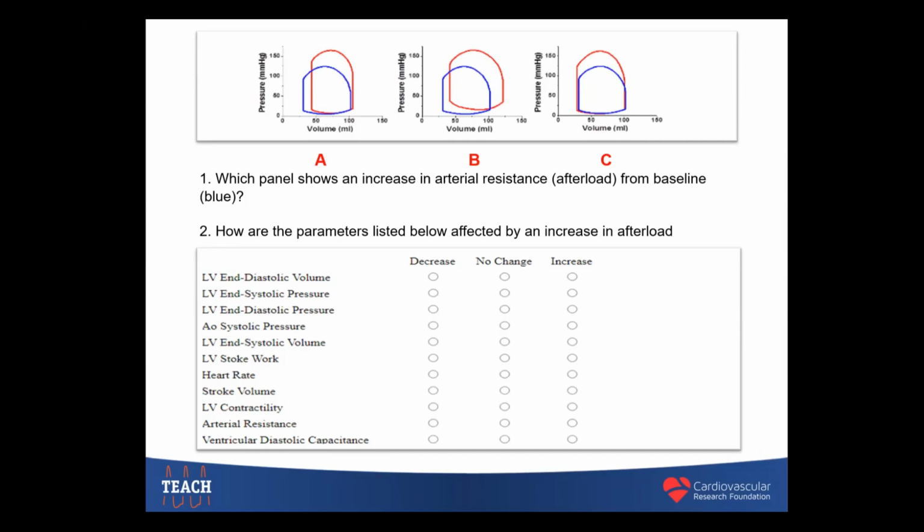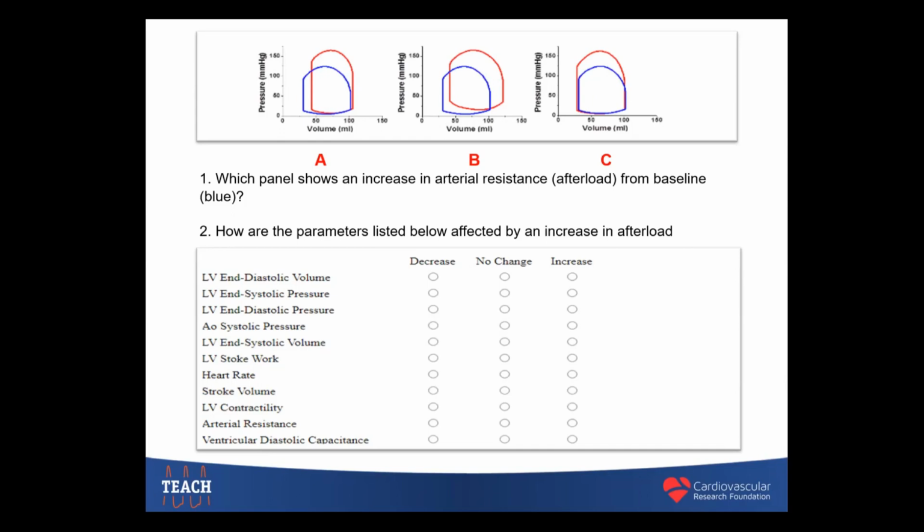How about your LV end systolic pressure? Probably increased as well then. Increase. And how about your LV end diastolic pressure? Increase, right? Because remember, when we talk about hemodynamics, we always talk in pressures, and we use pressures to essentially describe volume to the best of our ability, because usually we can't actually measure it.